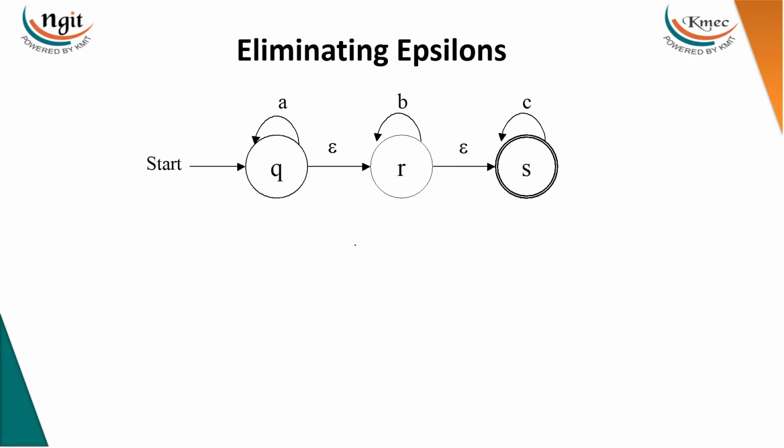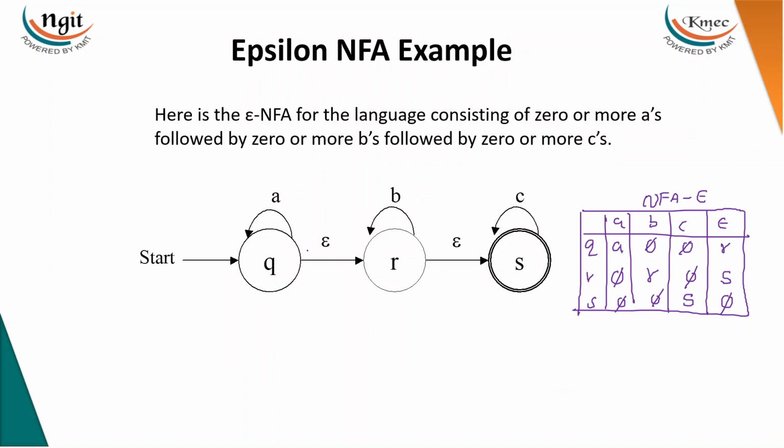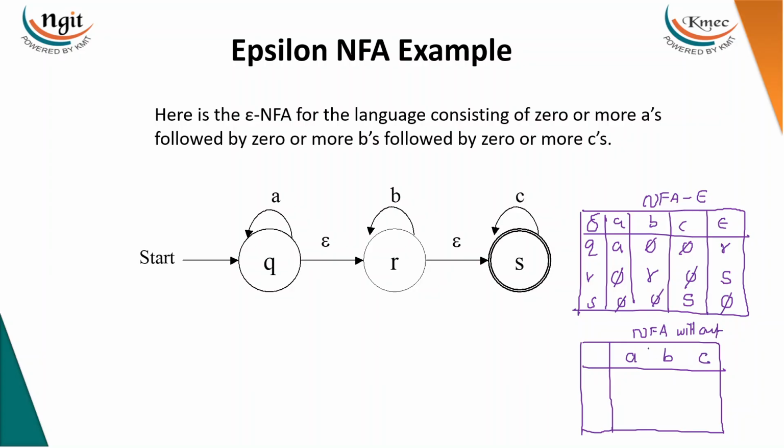Whatever diagram we have taken here, this is the NFA with epsilon moves, and it is denoted with the transition. Now you have to convert this into the NFA without epsilon moves. Then it should have only A, B, and C, no epsilon, and we can call it the extended transition.